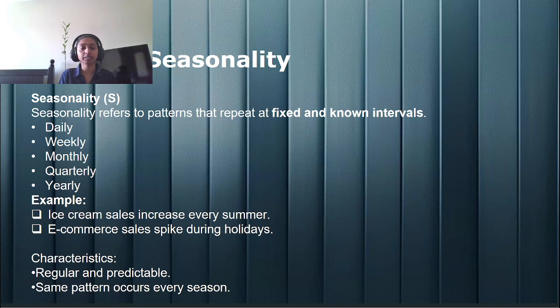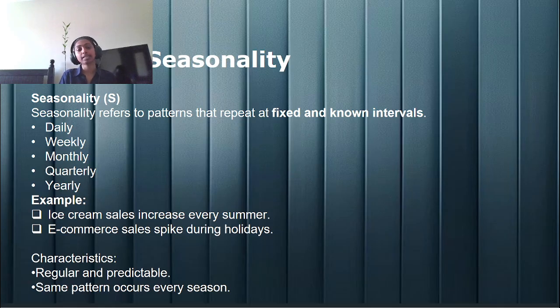We can stock up, or we can give some offers during that period. It will increase the sales, right? Like that, there can be a peak in the sales during weekends, like Saturday and Sunday. So we can take some actions during that period.